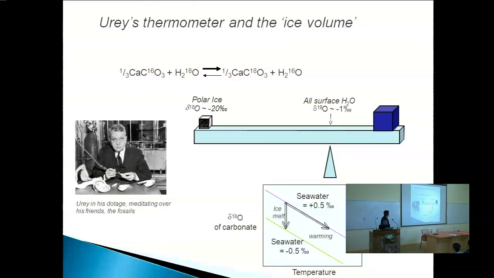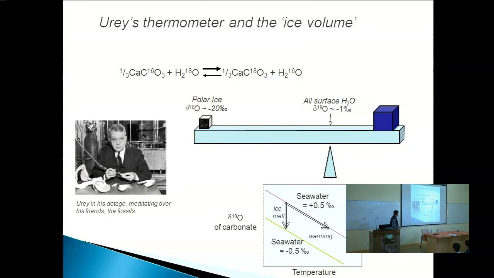So what he did is that he tried to design an experiment to relate the calcium carbonate which is getting synthesized in equilibrium conditions in the presence of water. The interesting aspect, which was not being seen at that point of time, was whether we can assume this water to be constant to talk about the composition of carbonate.